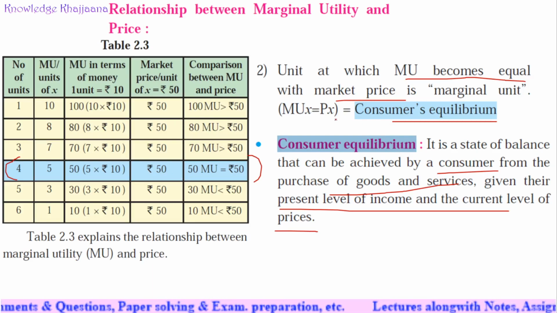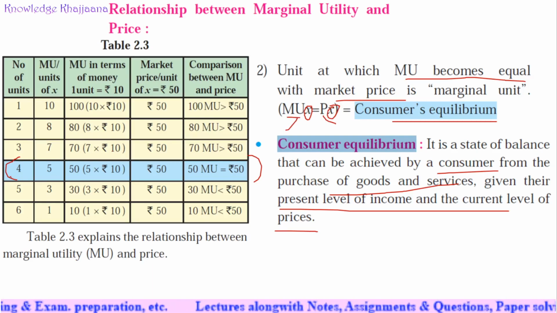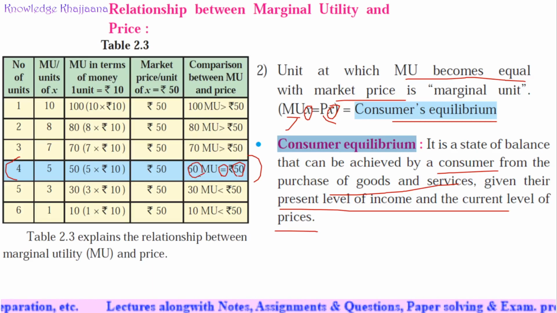This is called consumer's equilibrium, when the marginal utility of consuming product X is equal to the price of X. P is price, M is marginal utility. The marginal utility of consuming the fourth unit is equal to the price of commodity X. This is the point of consumer's equilibrium.